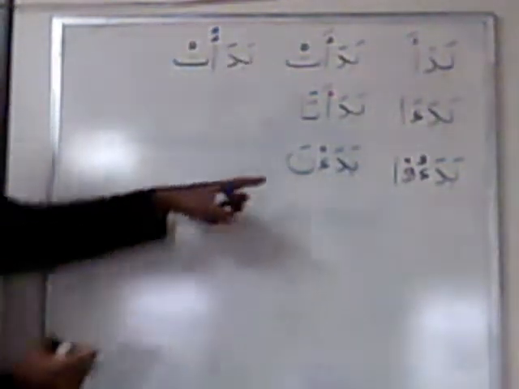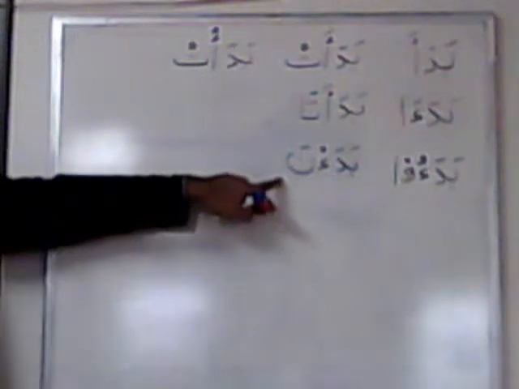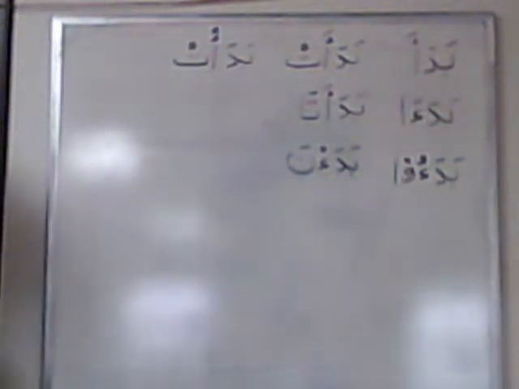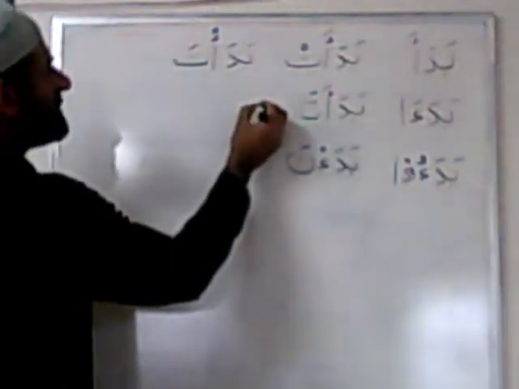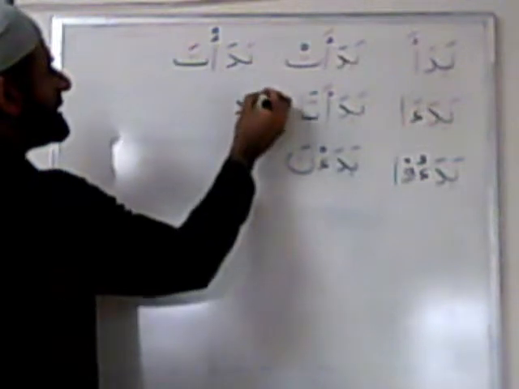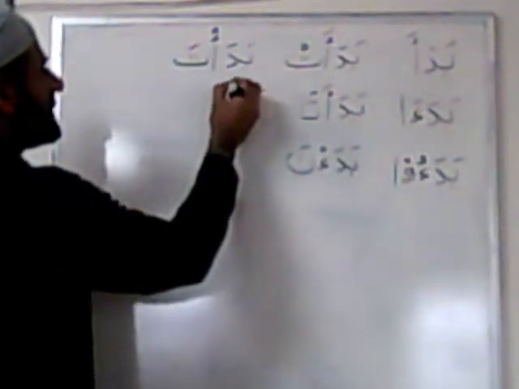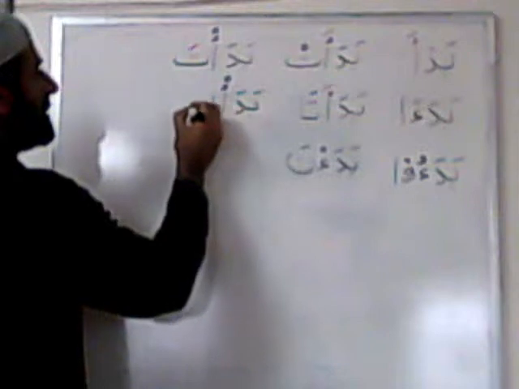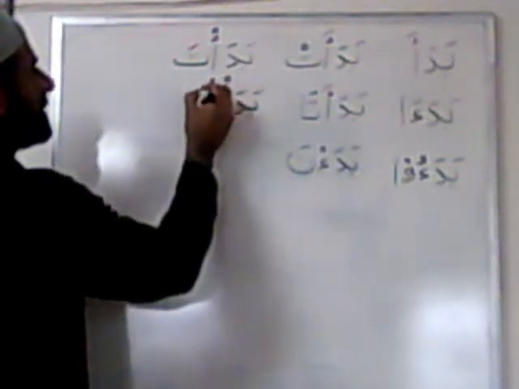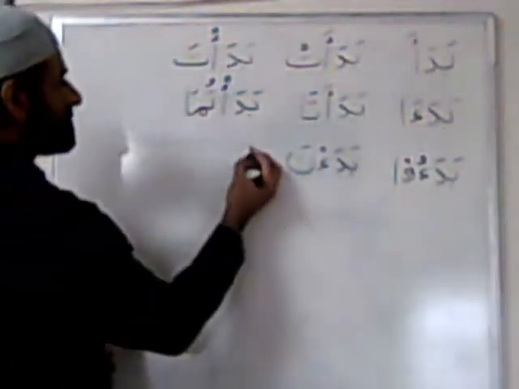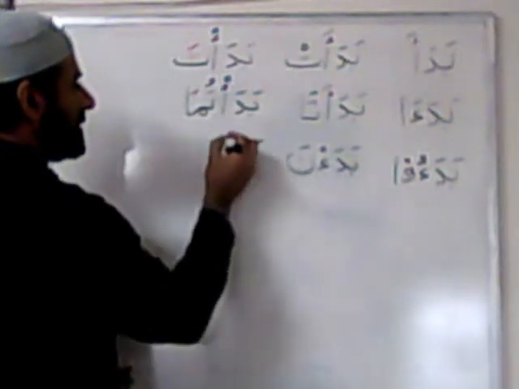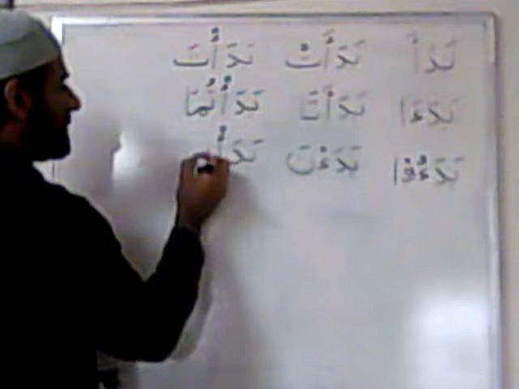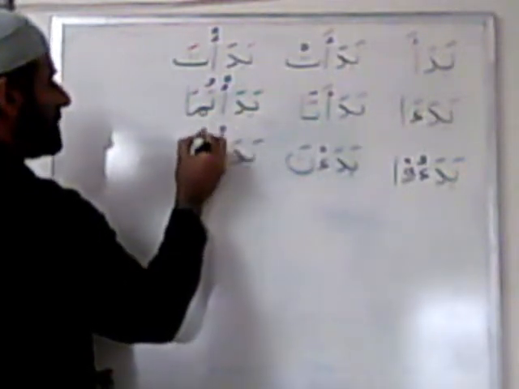Remember, from this point onwards you have the sukoon on the third letter. So bada'ta, with the fatha. Two of you males created: bada'tuma. Very good. Then all of you males created: bada'tum.